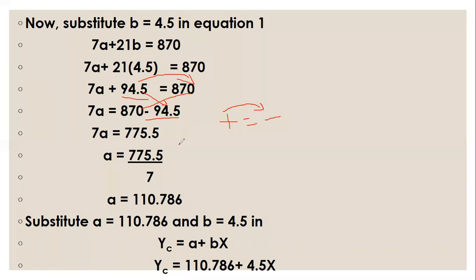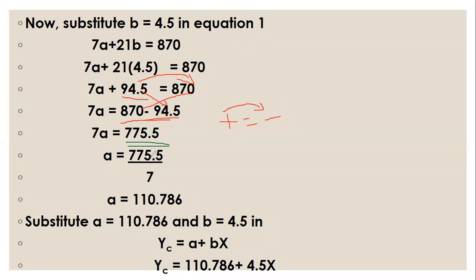Now moving on further, 870 minus 94.5 will give you the answer of 775.5. So that is 7a is equal to 775.5.